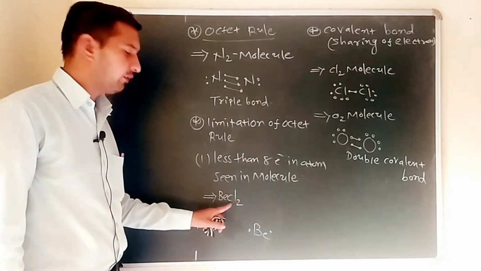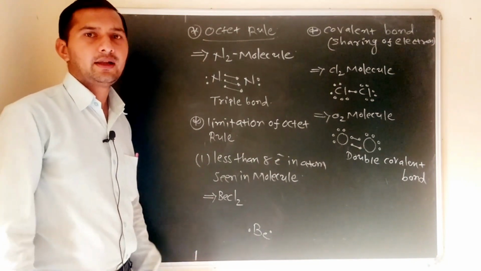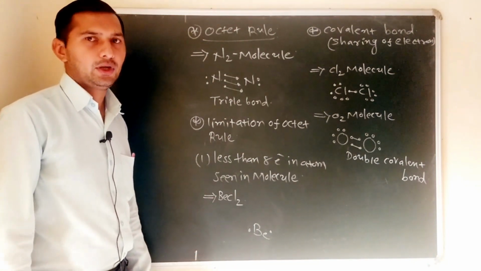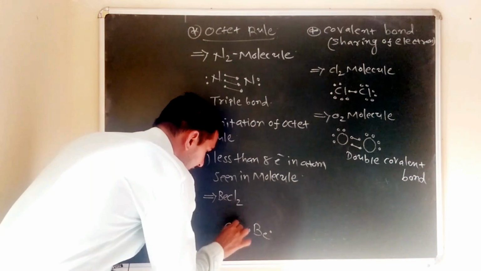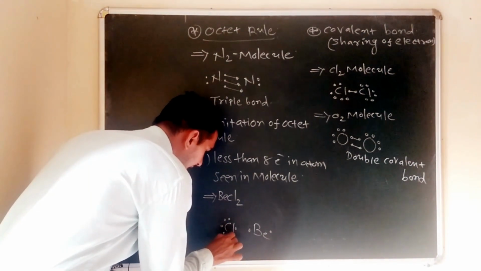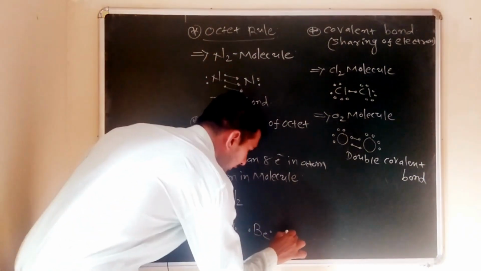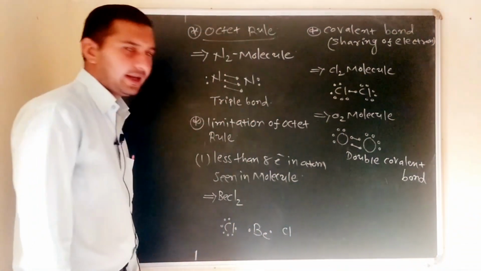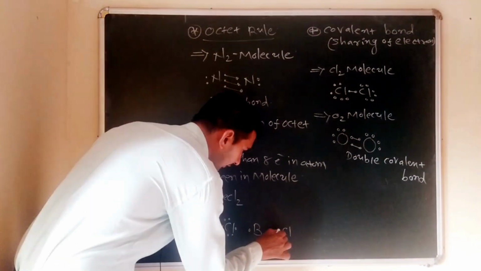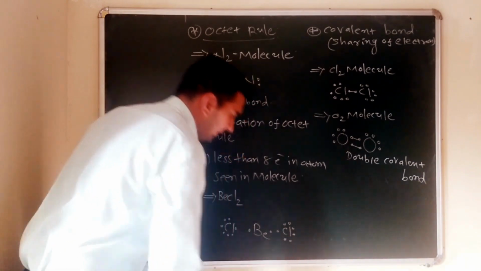And the chlorine atom has 7 valence electrons in its outermost shell, as we saw earlier in the case of the Cl2 molecule. So 1 electron, 2, 3, 4, 5, 6 and 7. Similarly, the other chlorine atom also has 7 valence electrons: 1, 2, 3, 4, 5, 6 and 7.